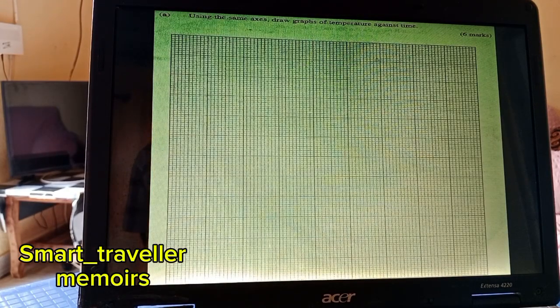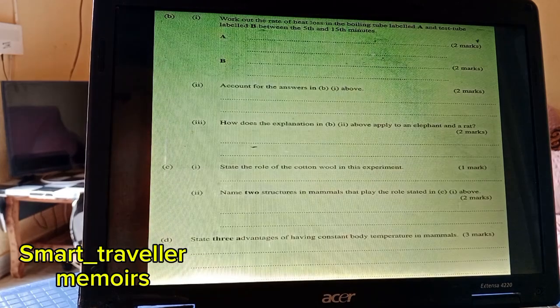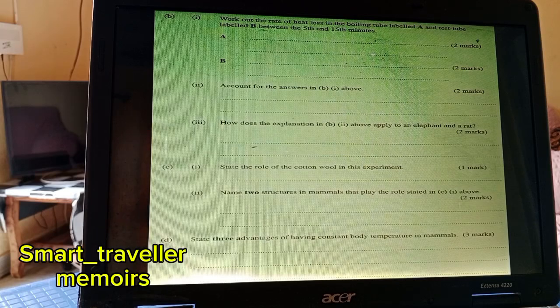Using the same axis, draw graphs of temperature against time. Work out the rate of heat loss in the boiling tube labeled A and test tube labeled B between the 5th and 15th minutes. Account for the answers in B1 above.